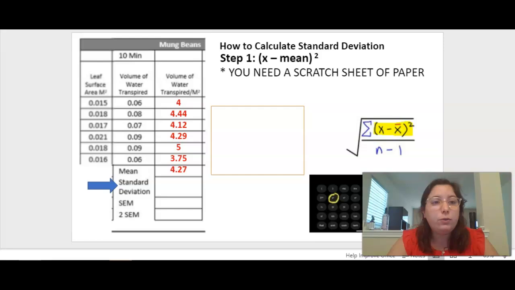And the way you do that is you're going to take the rate or the volume of water transpired over meters squared. In this case, we have the number 4. And you are going to subtract that by the mean that you calculated. In this case, we have 4.27.